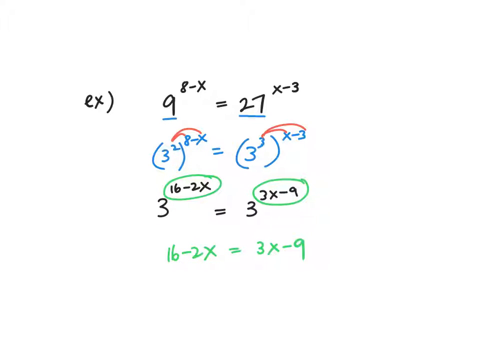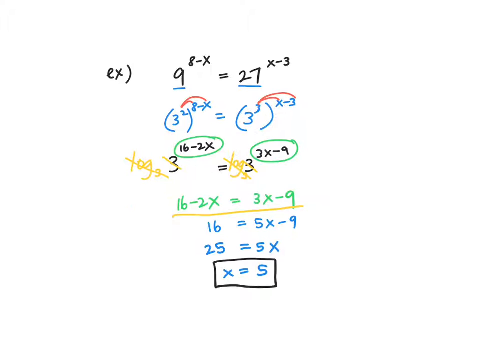You could also think of it as taking the log of both sides at this point if you'd like, with base 3, and these would cancel out, giving you 16 minus 2x equals 3x minus 9. And if I solve for the value of x by adding 2x to the other side, adding 9, and dividing by 5 here, I end up with x equals 5 as our final solution.